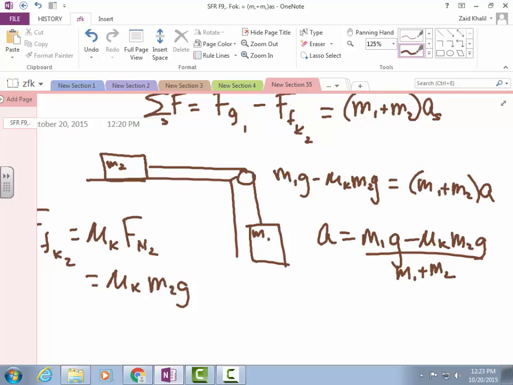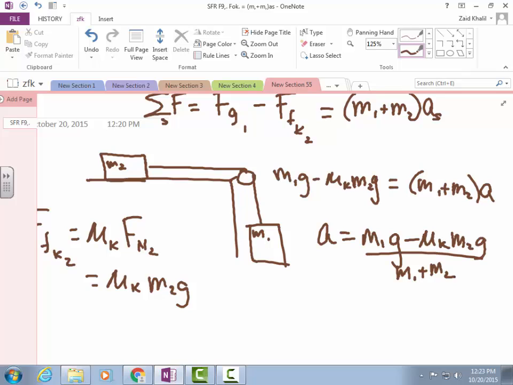Because I saw what happened last year. Students memorized the formula, and guess what they did? They memorized it wrong. So, bad move. Don't memorize the formula. Follow the process. And yeah, this is how you would go about solving for accelerations of systems.